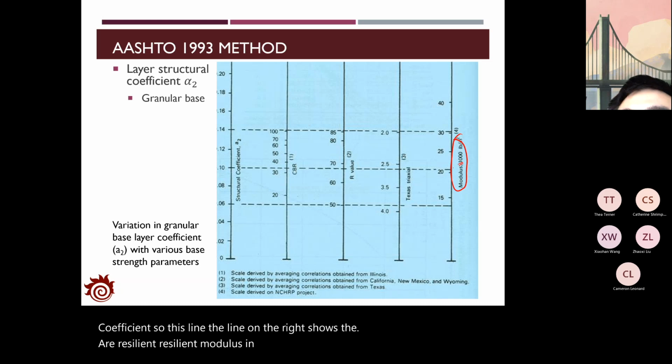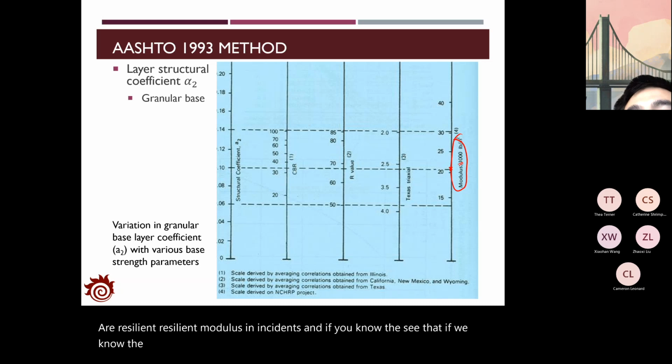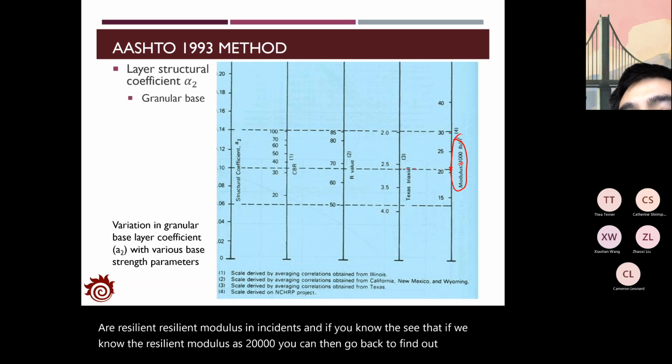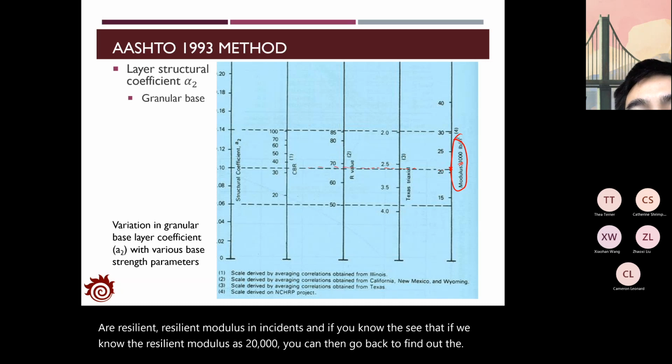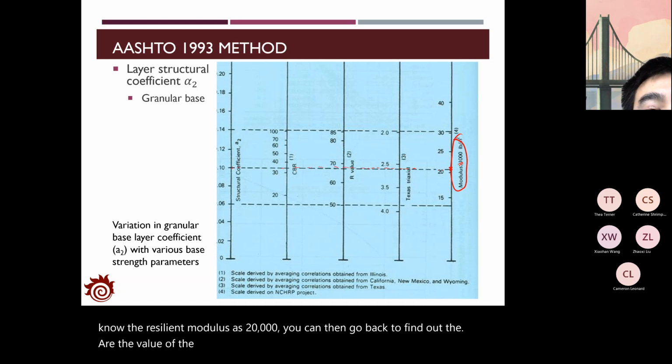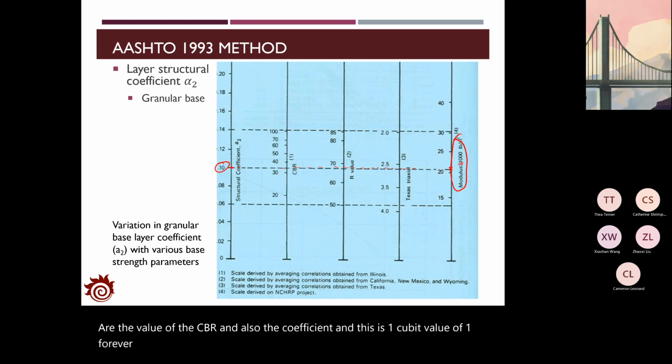If you know the resilient modulus as 20,000, you can then go back to find the value of the CBR and also the coefficient, and this one gives you the value of 0.1 for alpha 2. So this chart is only for the granular base layer.